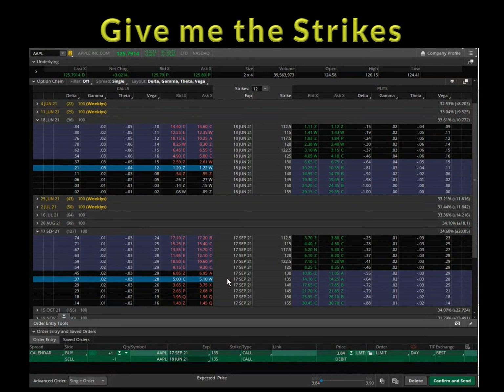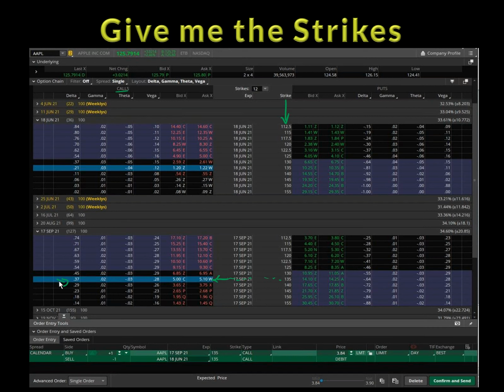But you can see I go out here and look for as close to that 36 delta option. It's the 37. And I did the 135 calls, right? You can see the 135 strike going all the way across. This is for the calls, right? They only do one strike call.